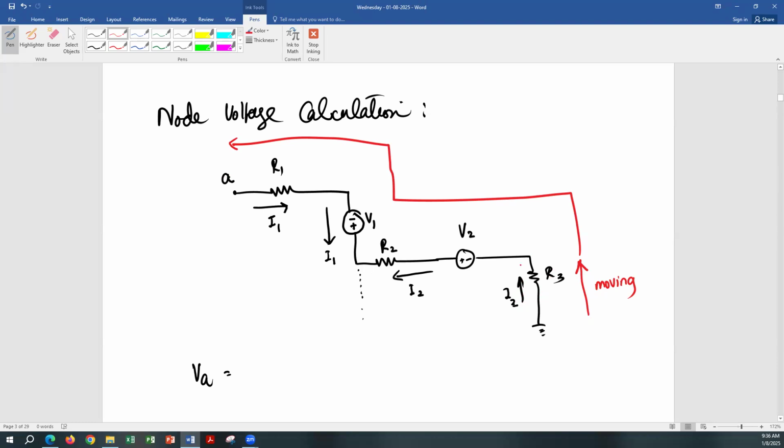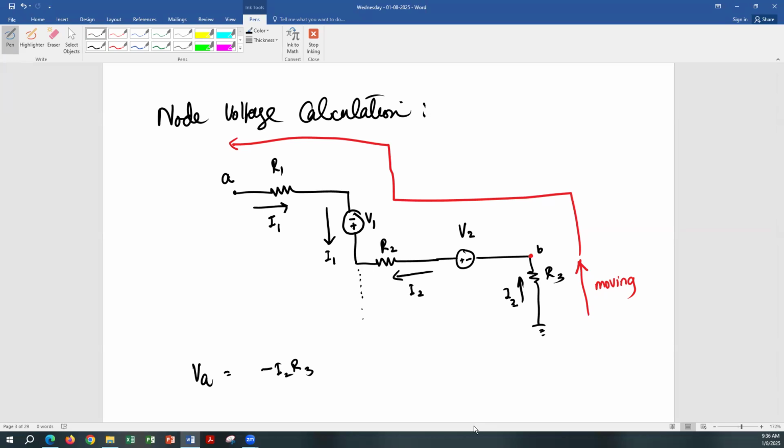And since voltage is dropped across R3 when current moves through R3, that means ground has higher potential than the voltage at this node right here. So what will be the voltage at this node? Negative I2 R3, very good. So that's going to be the voltage at this node. Let's call this node B.